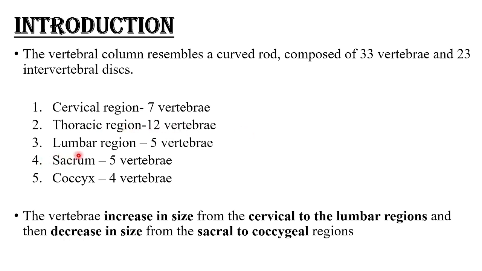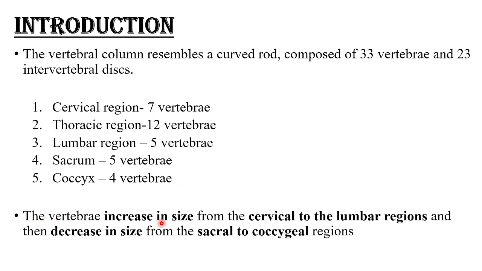The third is the lumbar region, which consists of 5 vertebrae. The fourth region is the sacrum, which consists of 5 vertebrae in a fused manner. And the fifth region is the coccygeal region, which consists of 4 vertebrae. Similar to the sacral region, these 4 vertebrae are also fused.